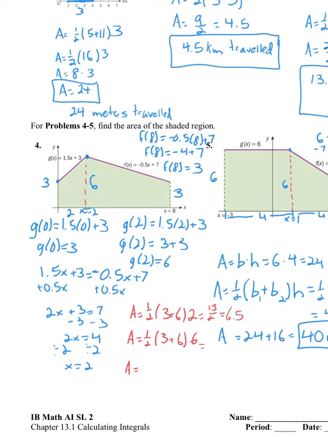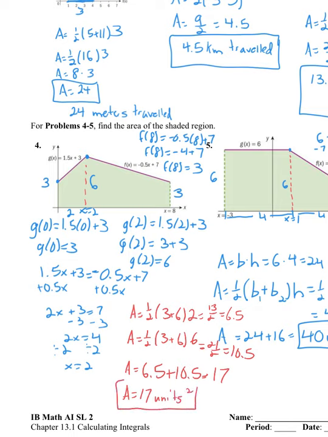The second one's going to be 9/2 plus 12/2, which is 21/2, which is 10.5. So I get 6.5 plus 10.5, and we end up getting 17. So the area of the second one, I should have 17 units squared.